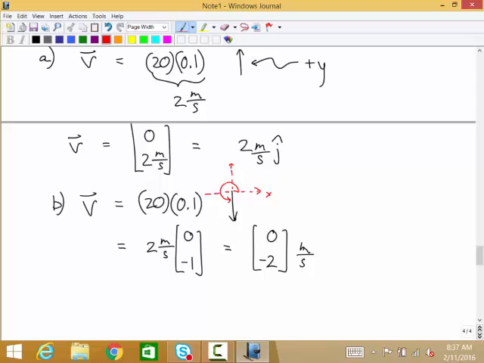So what's the angle in this case? 270. So this would be 2 times cosine of 270, sine of 270. Cosine of 270 and sine of 270 is 0, negative 1, so you get this. And you could also write this as negative 2 meters per second times j.